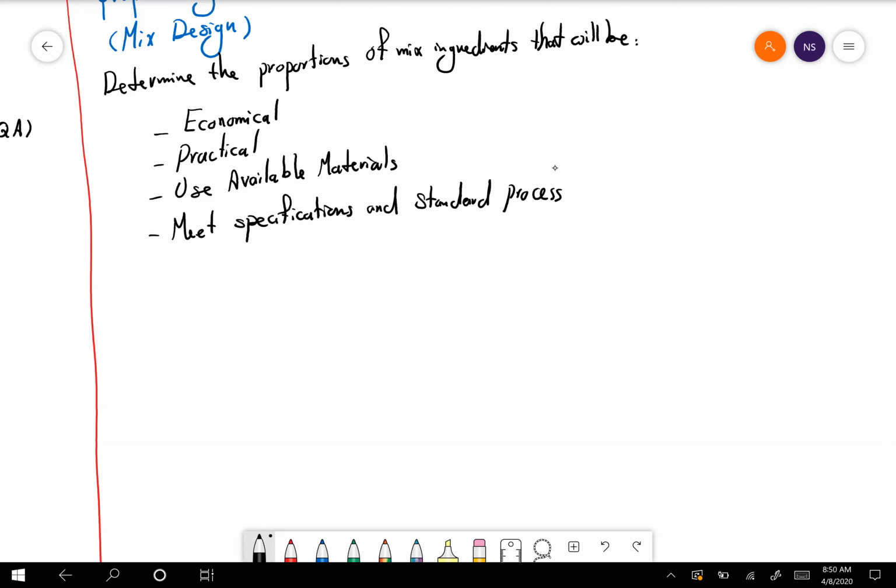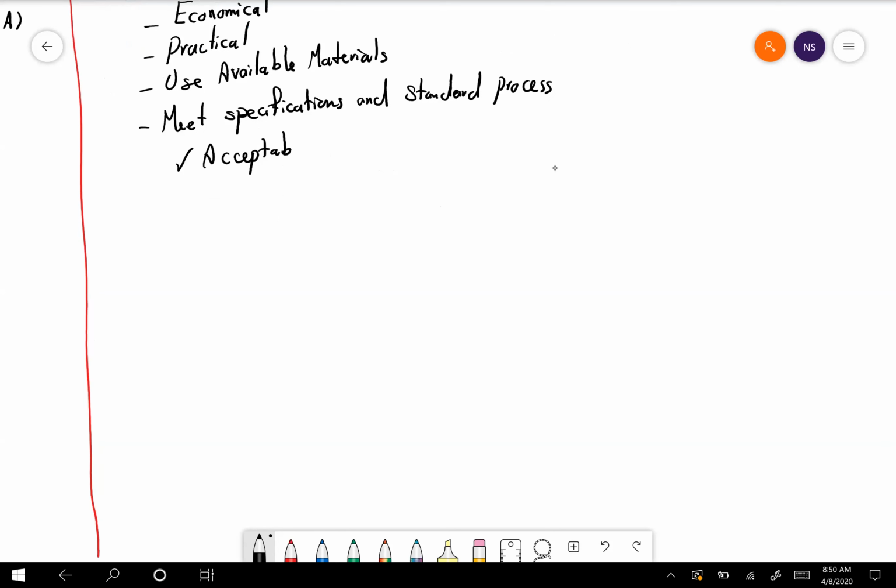So in terms of properties, there needs to be an acceptable level of workability of fresh mix.